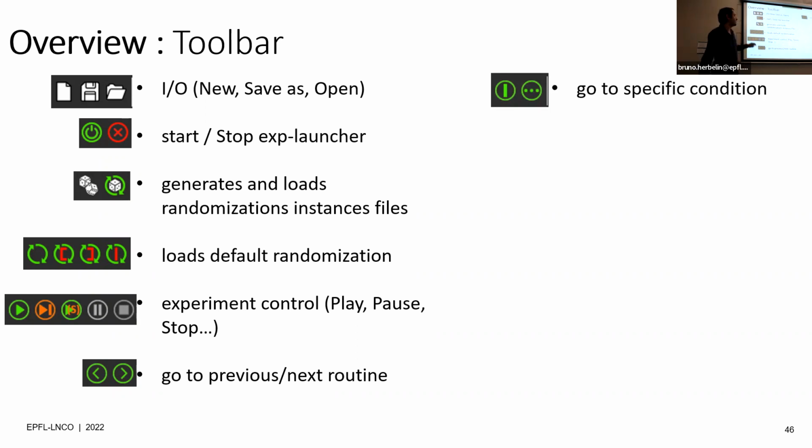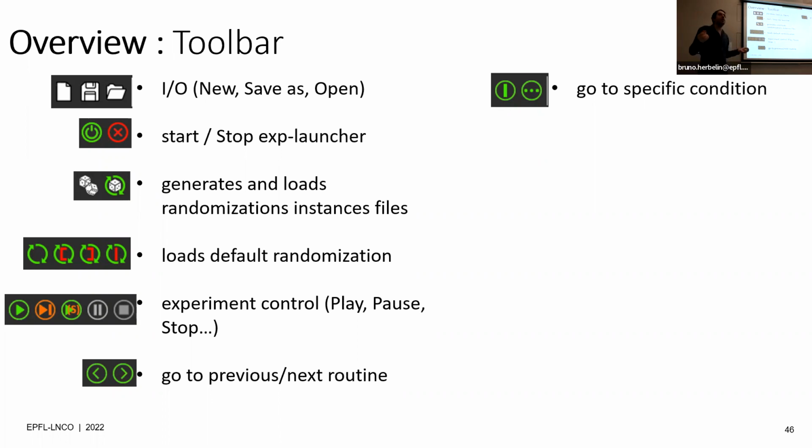That is for going directly to a specific condition. So you select a condition in your whole experiment. You can say, okay, I want to test this or go to this part, and it will check in the instance scenario if the condition is called, because if it isn't part of the randomization, you can't go to it.